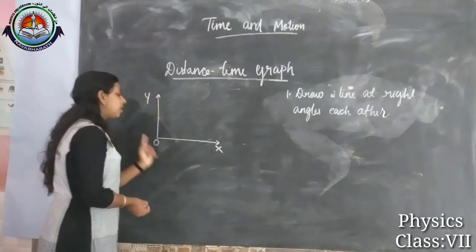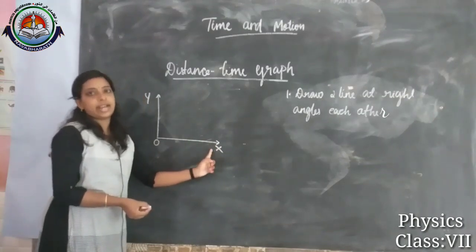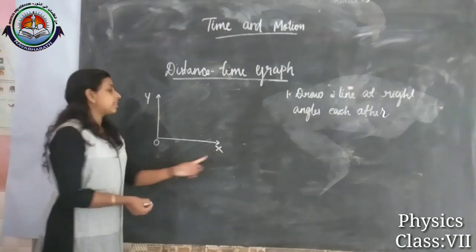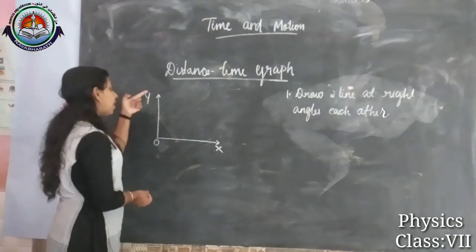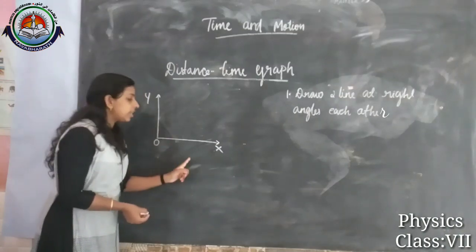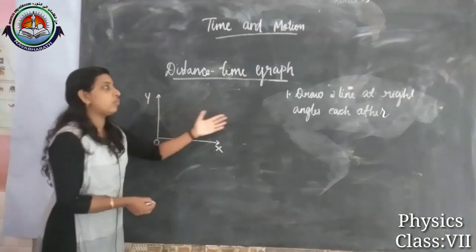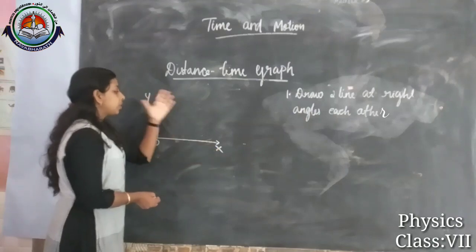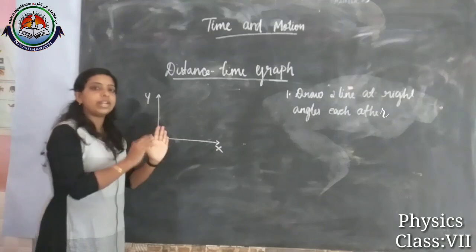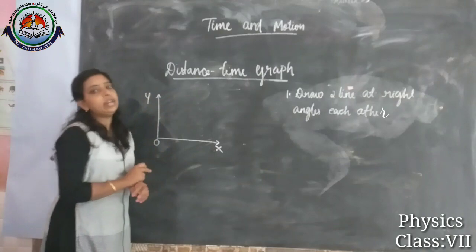The horizontal line OX we term the X axis, and the vertical line OY we consider the Y axis. So this is our first step, to draw 2 lines which are at right angle to each other, one OX and the other OY.